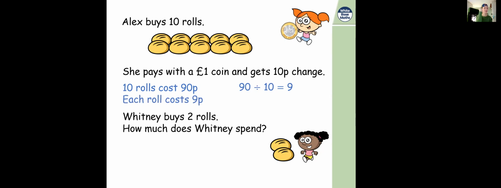So with that information, we can now work out the second part of the word problem. Because Whitney rolls up and she buys 2 of these rolls. Not 1, but 2. So we have to do 9 times 2 to work out what Whitney spent.